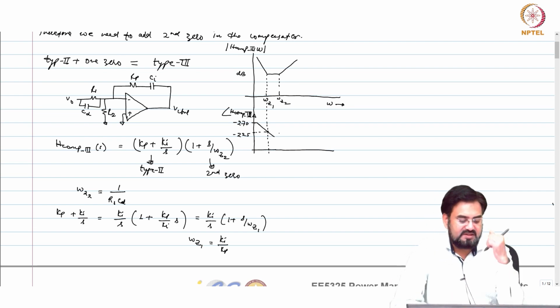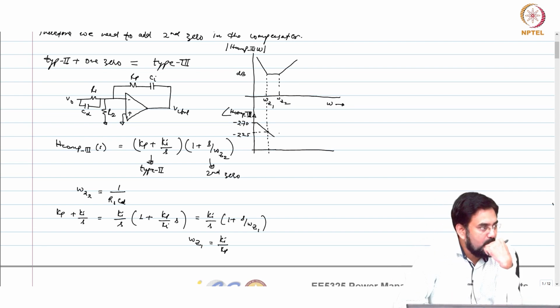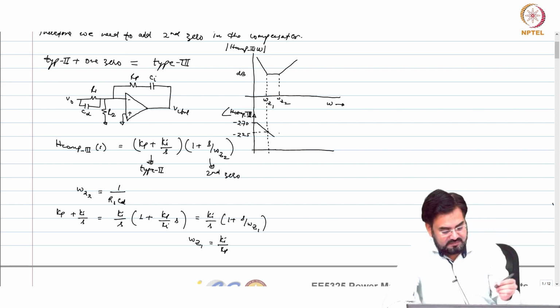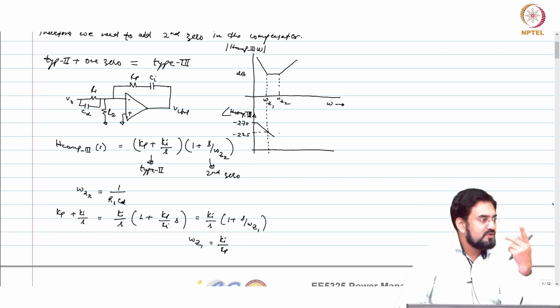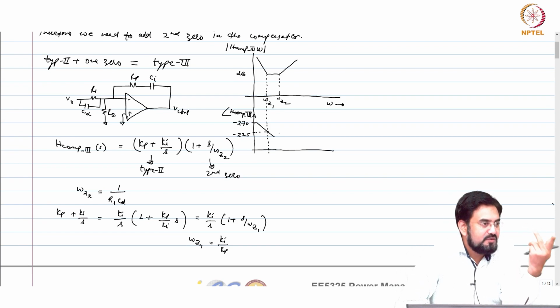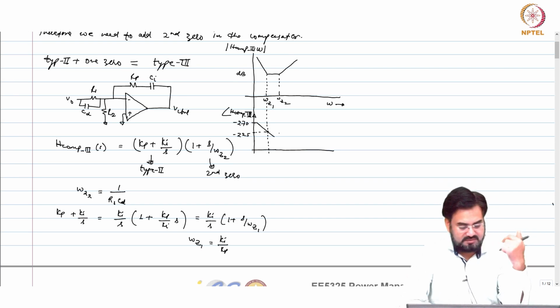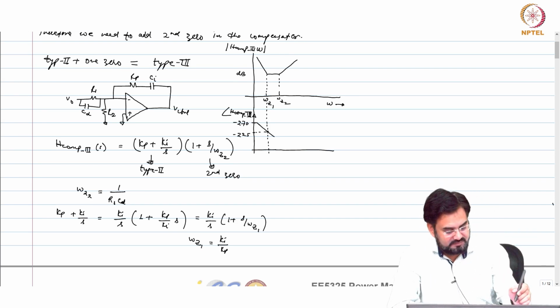So in which direction should the phase go? Actually, the phase will increase. You have one integrator and two zeros, so what is the maximum phase shift you will get at the end? Plus 90. So we should take it in the other direction actually.